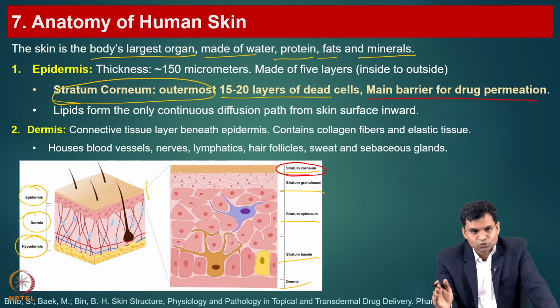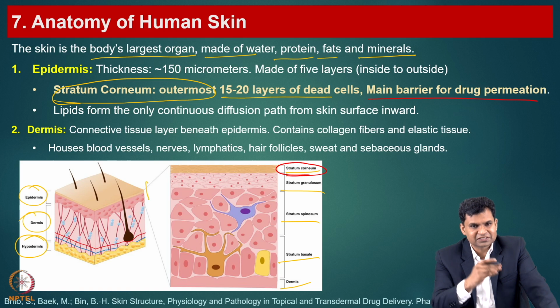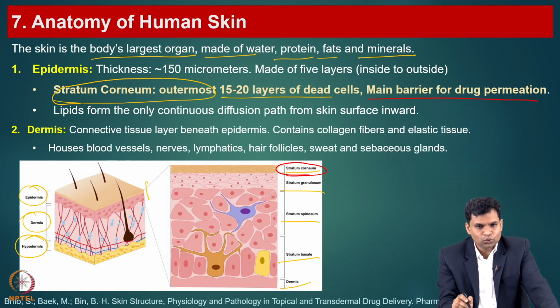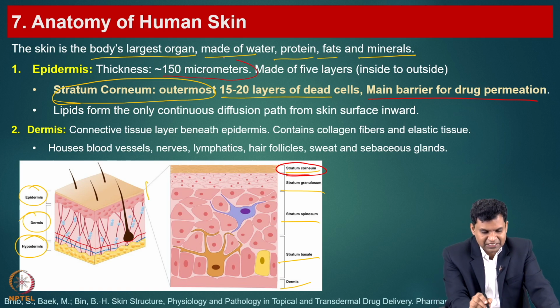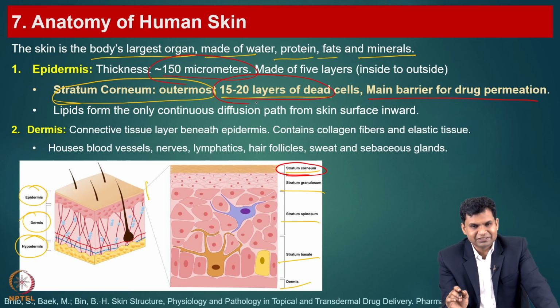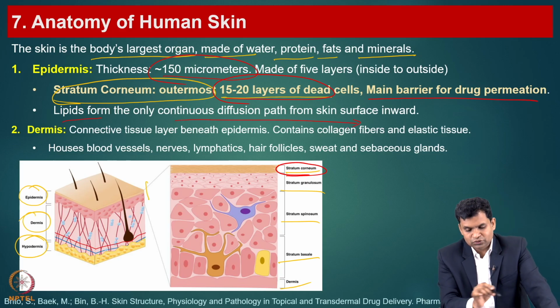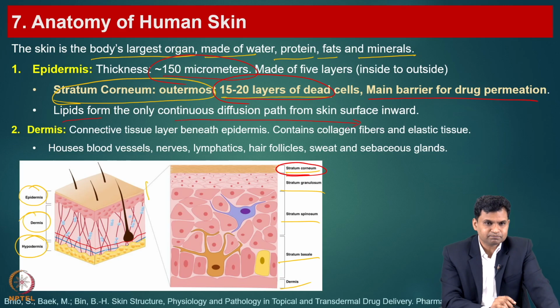When you use novel drug delivery systems or advanced transdermal delivery systems, we can overcome all types of barriers that come from the stratum corneum. You know that the epidermis has 15 to 20 layers of dead cells in the stratum corneum alone. So, only lipid forms can pass through the skin surface.